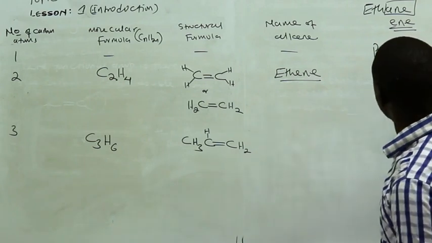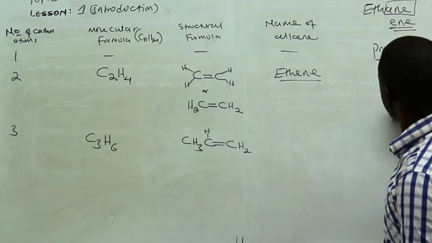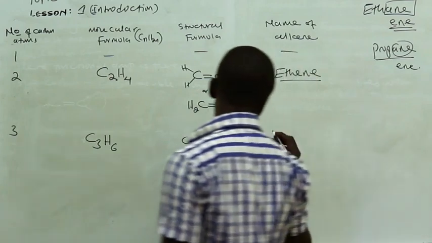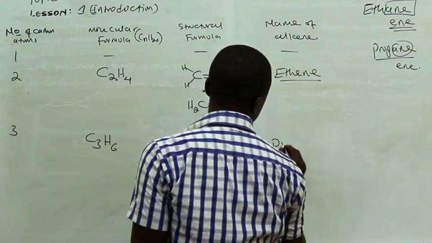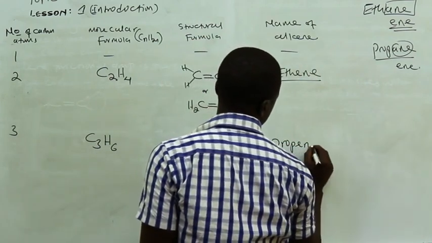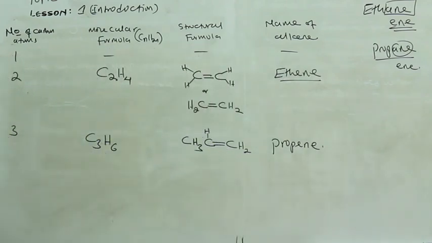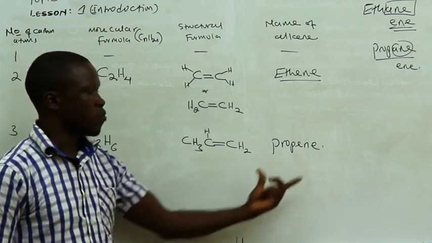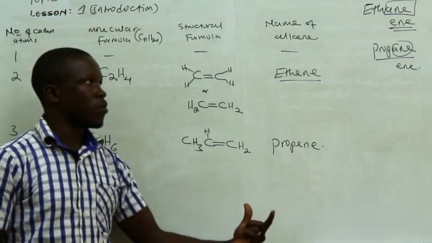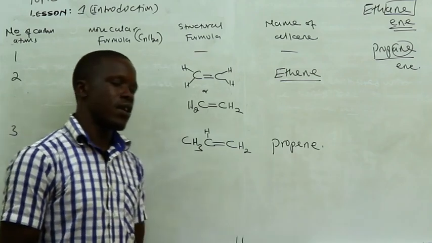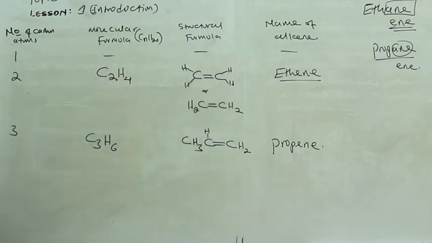And so, we remove the letters a and e and put the letters e and e. And so the name would become propene. So that's the name of the corresponding alkane, and this is propene. So what are we doing? Substituting the letters a and e with the letters e and e, with what we already know from alkanes.